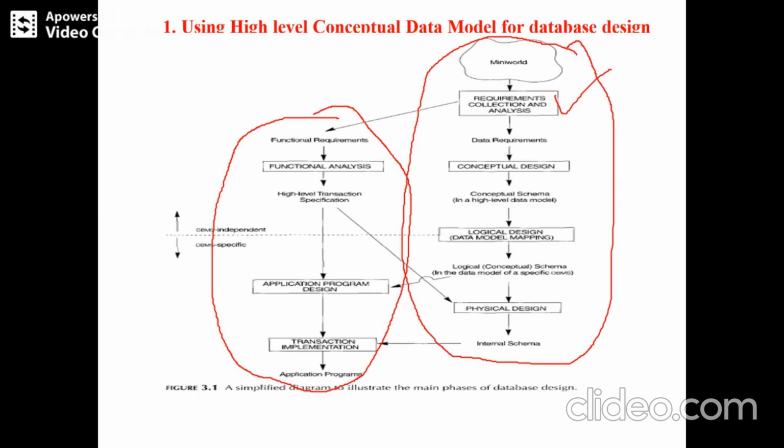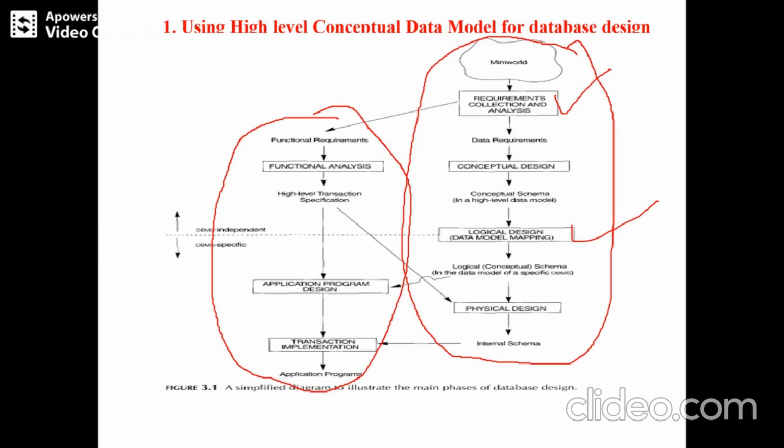After the conceptual design specifications, the data will be forwarded to the next step, that is the logical design specifications. Under this step, the conceptual schema is converted to the actual implementation of the database using a commercial DBMS, for example SQL or Oracle.